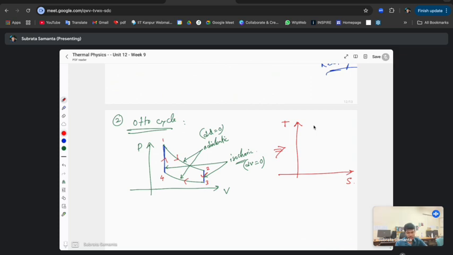In the TS plane, 1 to 2 is adiabatic, so constant entropy, basically a straight line. Then 2 to 3 is isochoric, constant volume. A constant volume process looks like this in the TS plane.